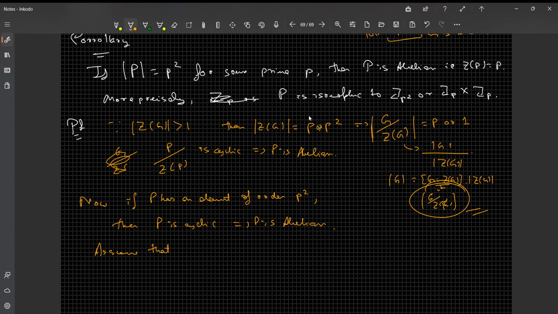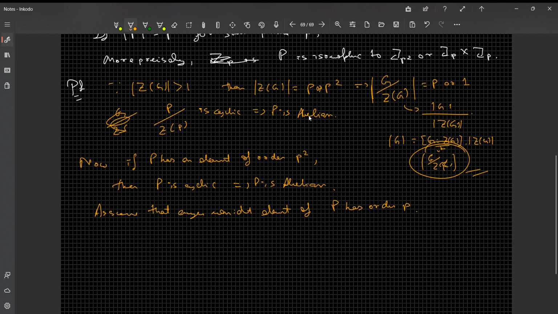that every non-identity element of P has order small p. Okay, now let X be a non-identity element from P, and let Y again be a non-identity element from P which is not equal to X. Clear?